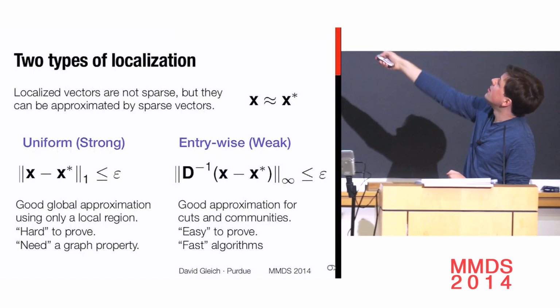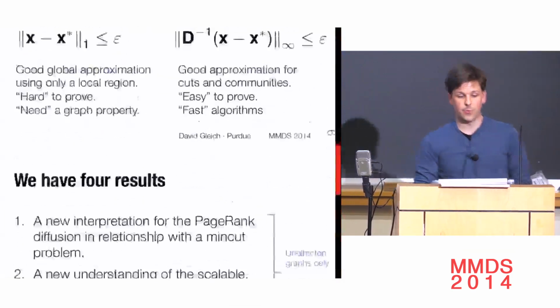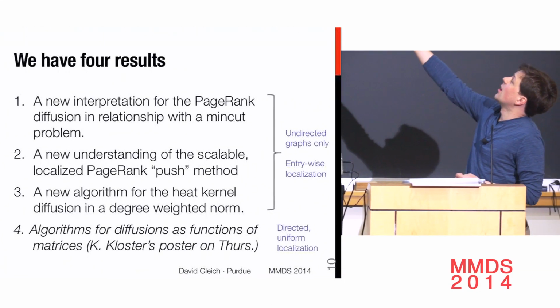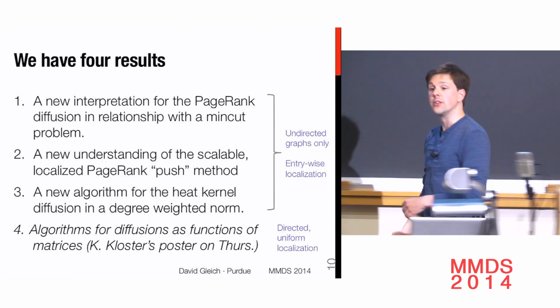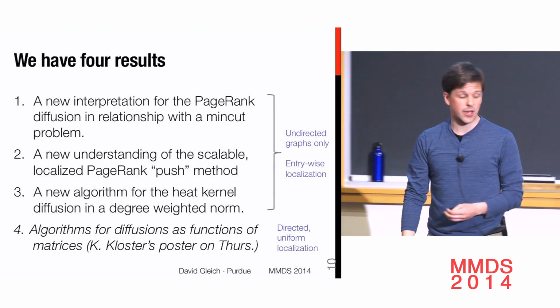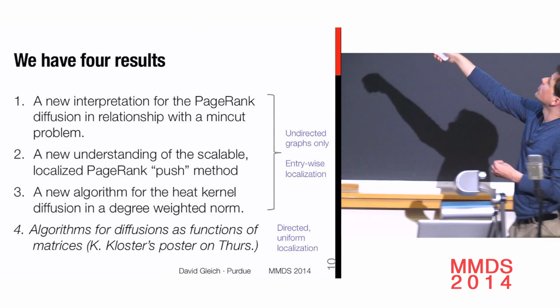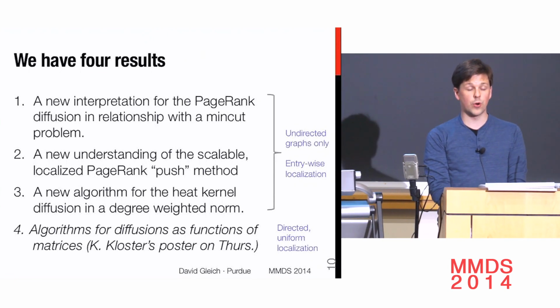There have been a number of results along this form in the literature, and we have four extensions of these. The first is we're going to give a new interpretation of the PageRank diffusion in terms of its relationship with min-cut problems. The second and more important thing is we're going to give a new understanding of the scalable localized PageRank push method.